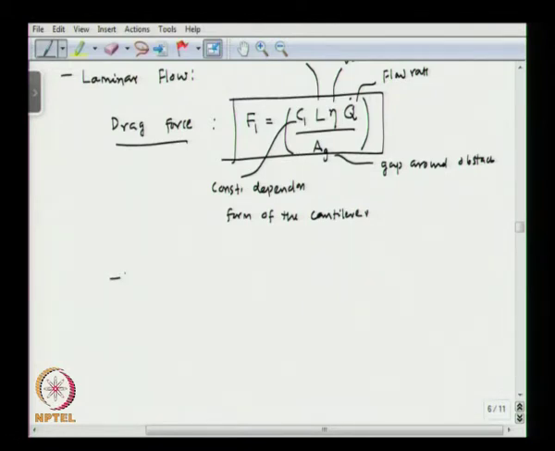Now, in addition to this drag force there will be another drag force because of the pressure drop that occurs across the cantilever.